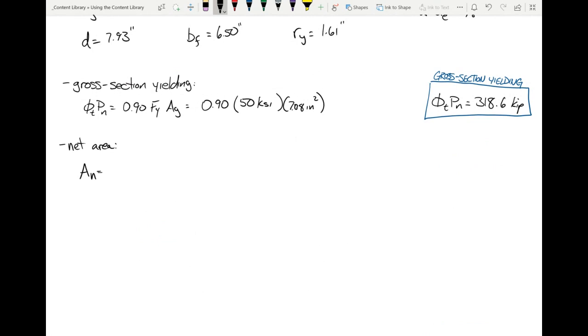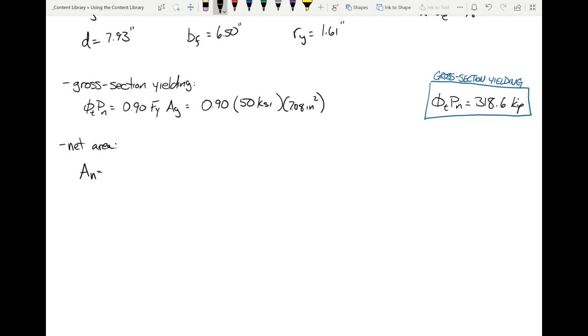Hold on. Okay, I see what you're talking about, Zach. You're asking something a little different. Those expressions on 16.1-31 are for built-up members, so they don't apply here. We're just talking about a regular rolled shape.